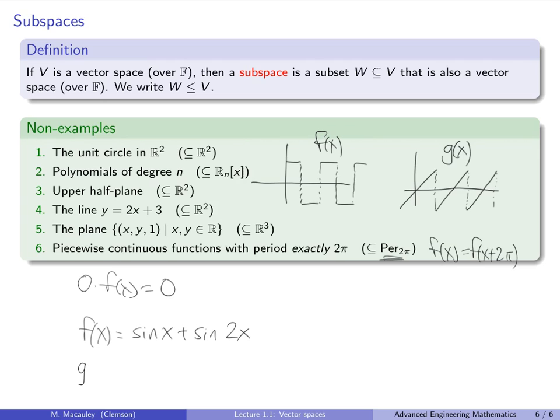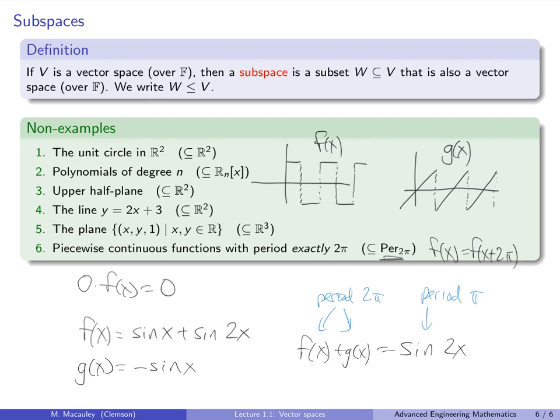But let's define g of x to be negative sine of x. That also has period exactly 2π. But if you take f of x plus g of x, you get sine of 2x, and now both of these have period 2π, and this has period π. So that's another reason why this set is a subset, but it's not a subspace.